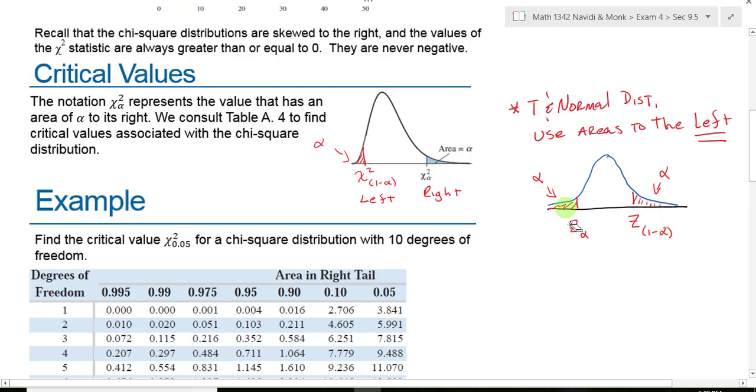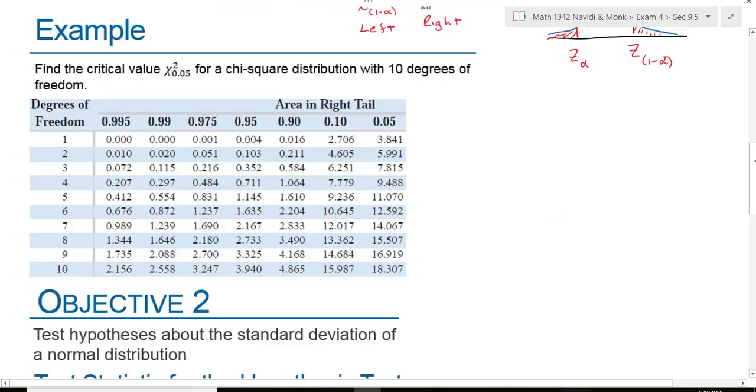So you see how the t and the normal distributions, since they both use the area to the left, if I'm finding a critical value on the left, I just use the area that I'm given for alpha. But on the chi-square, it switches. If I'm finding the critical value for the right-hand side, I use the alpha there for the right, but then I do the 1 minus alpha for the left. It's the complete opposite.